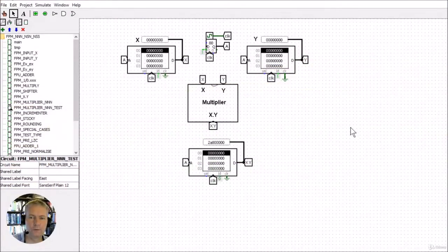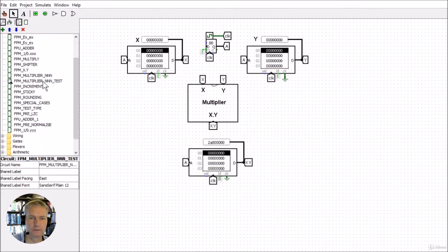So if you head in and open up Logisim and click on the top level here, which is the test, you should have this screen here. So let's put our values in. Now make sure that you've got the little finger ticked, otherwise it won't run through the simulation.